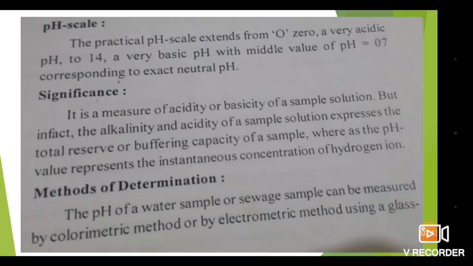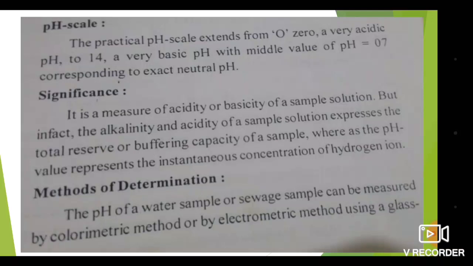The practical pH scale extends from 0, a very acidic pH, to 14, a very basic pH, with the middle value, pH equal to 7, corresponding to the exact neutral pH. So from 7 to 0, acidity increases. From 7 to 14, basicity increases, and exactly 7 is the neutral one.